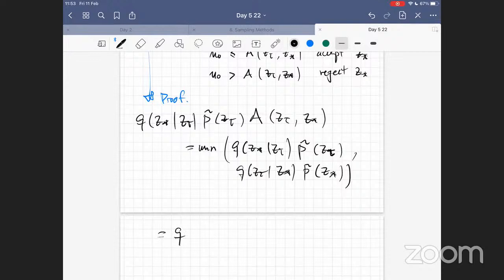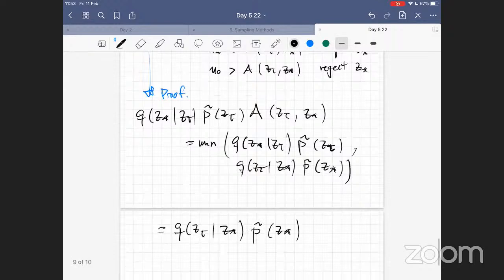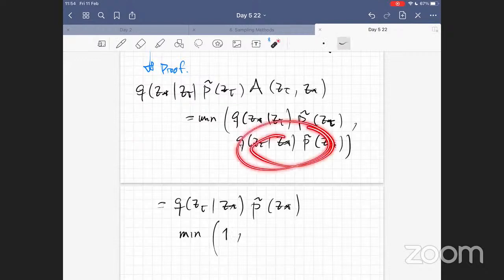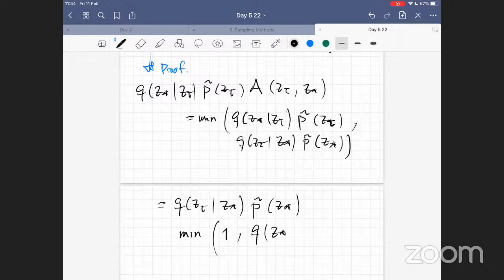So I will factorize this by Q of Z tau given Z star, P of Z star times 1, but actually the one is this one, and then I have instead here in the numerator Q of Z star given Z tau, P of Z tau divided by the thing I got outside.